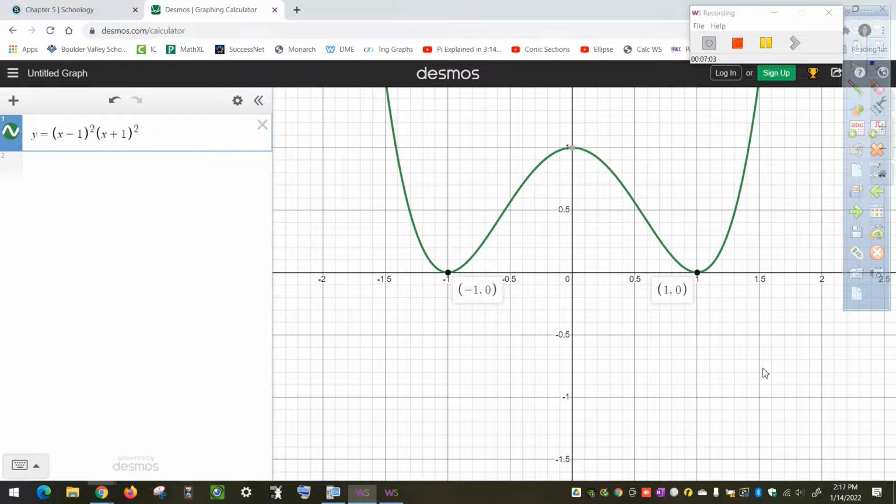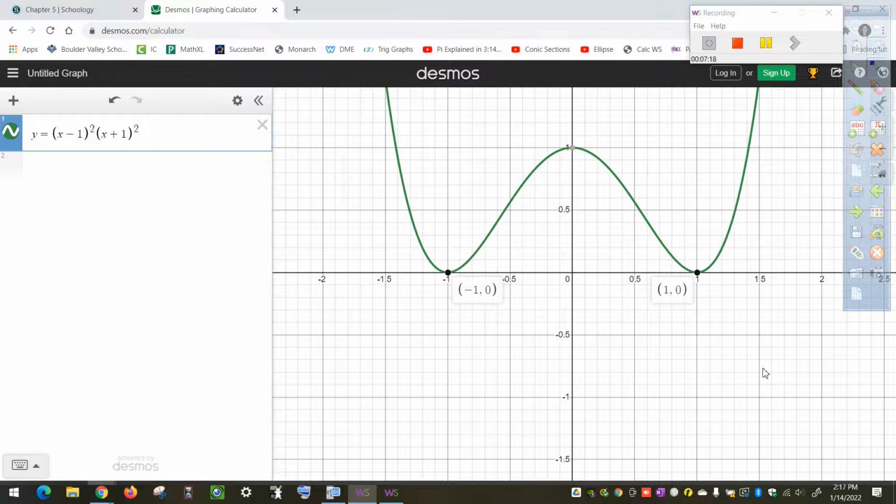All right, now I want you to look at this with me carefully. We're going to start on the left-hand side at the x-intercept of -1. And I want you to decide, how do we describe what is happening? So as the line comes down, it's going to touch this x-intercept, and then it's going to turn around. I want you to tell your shoulder partner, is this a bounce, a wiggle, or a cross?